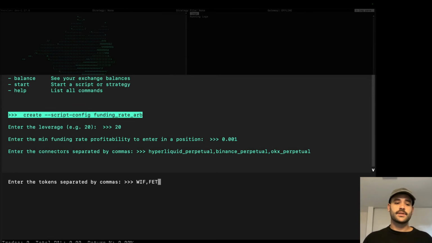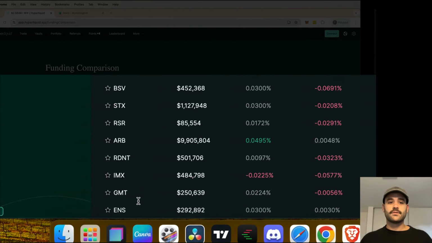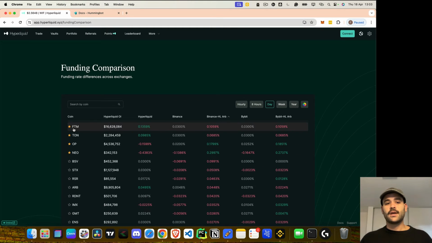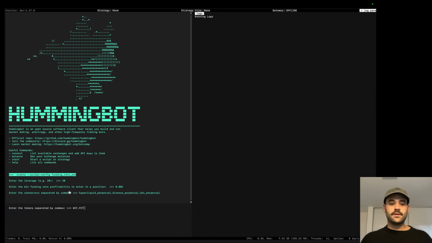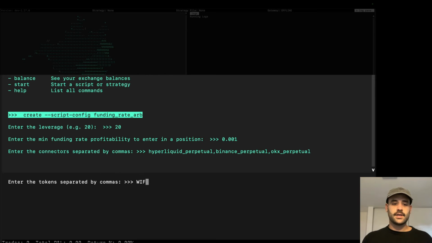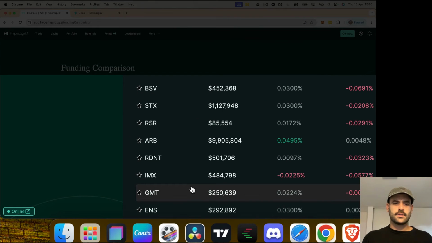Here it says enter the tokens separated with commas. So if we go Hyperliquid, it says FTM, TON, OP, and NEO. FTM, OP, NEO, and TON.